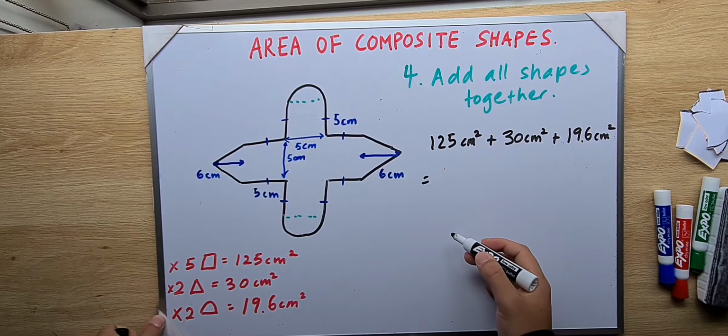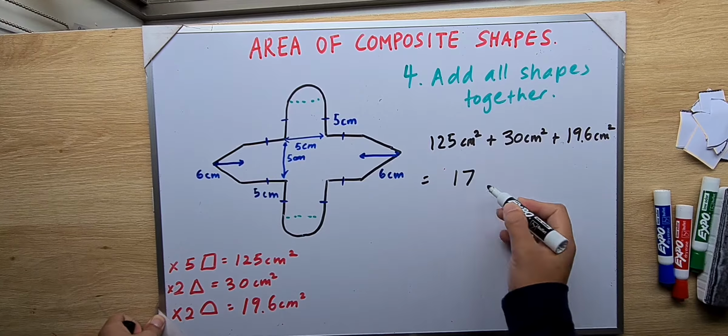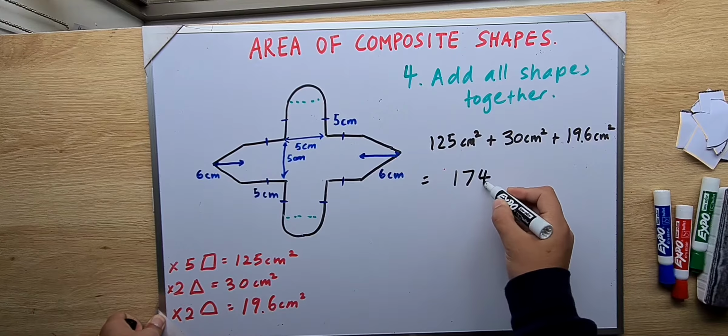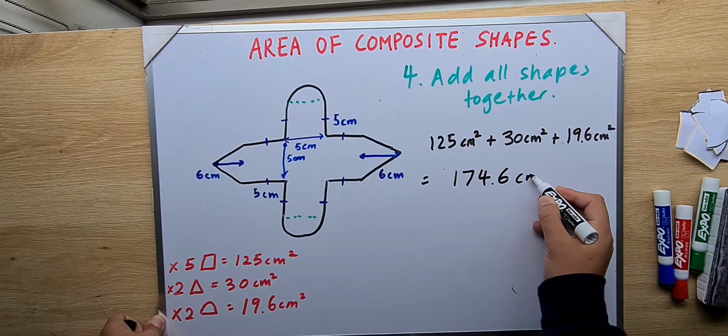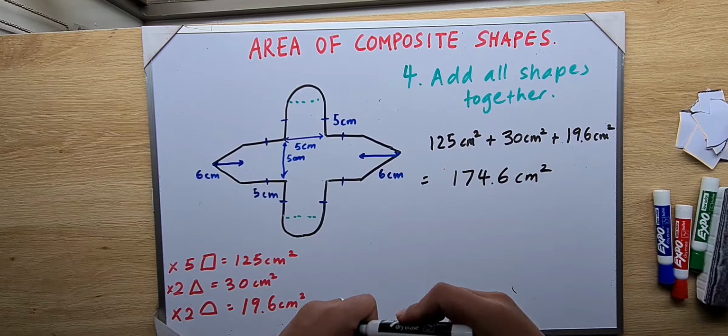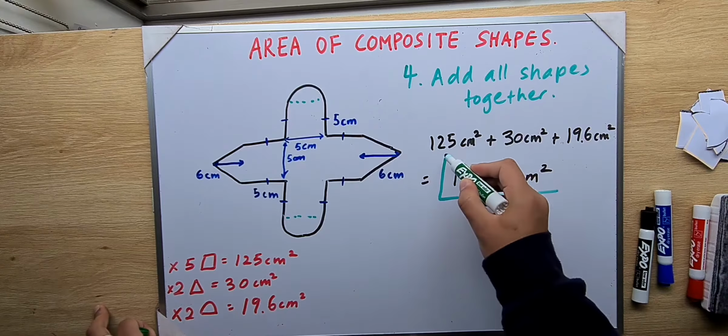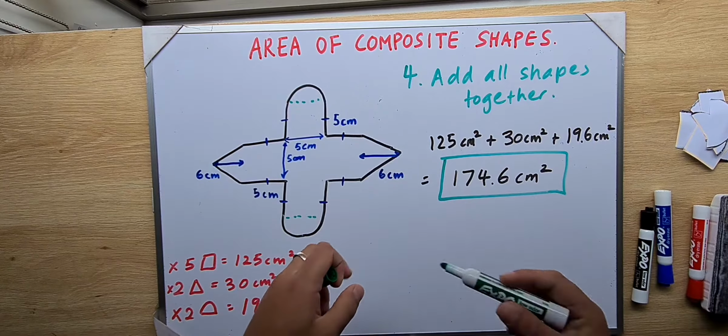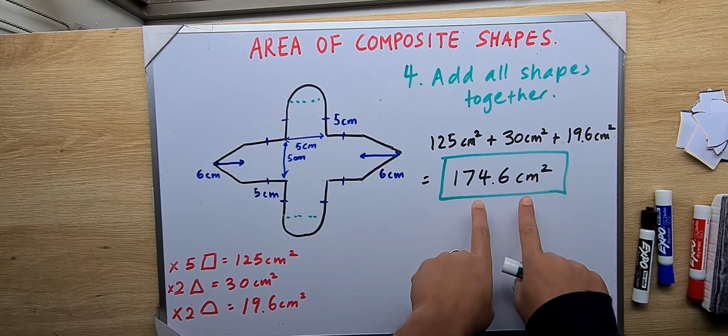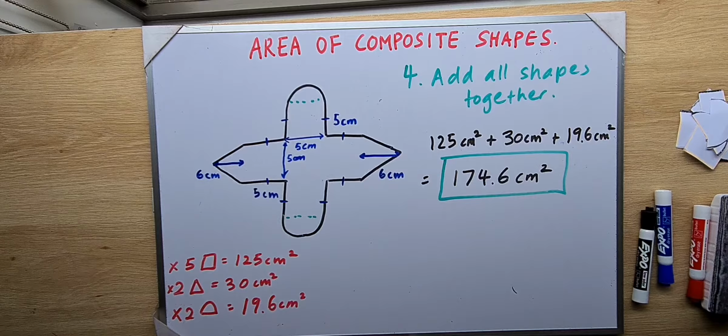Adding them all together, I finally get an answer of 174.6 centimeters squared. Therefore, this weird looking shape has an area of 174.6.